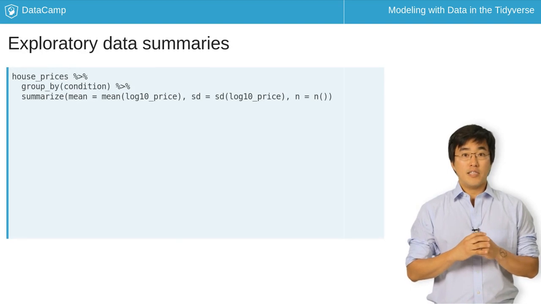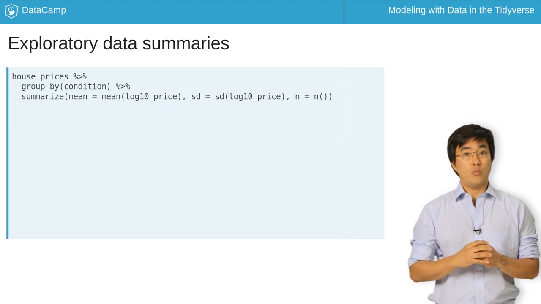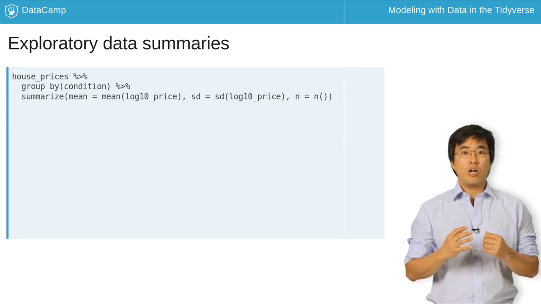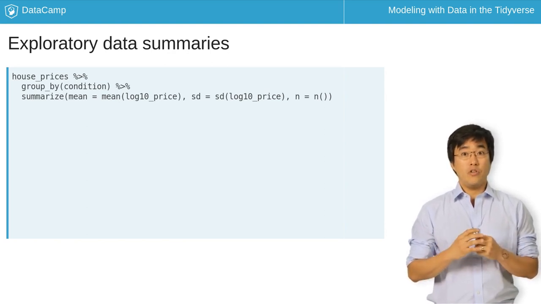Let's now also summarize each group by computing their means. While both median and mean are measures of center, means are at the heart of the modeling techniques we'll cover in the next chapter. Recall from earlier courses that to obtain summaries of log10 price split by condition, you first group by condition and then summarize.